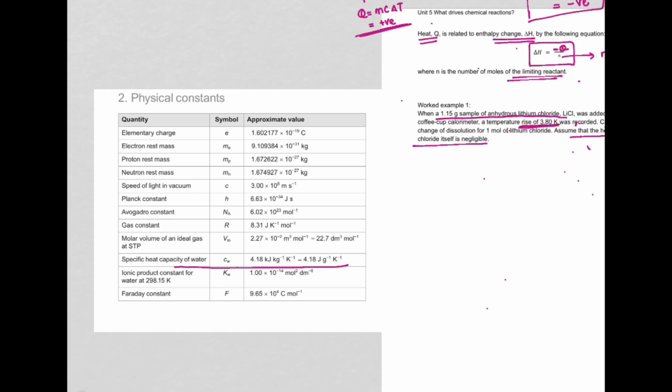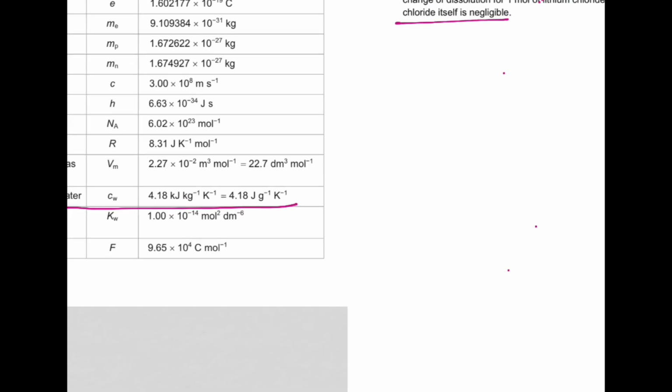Now, which unit to use? It will depend on what I have. So I have the mass in grams here. So I will use this one, joule per gram per Kelvin. So if I use this, I will get Q in joules.